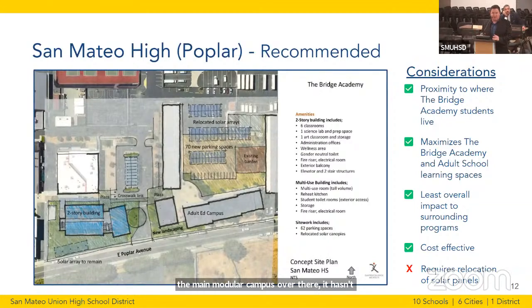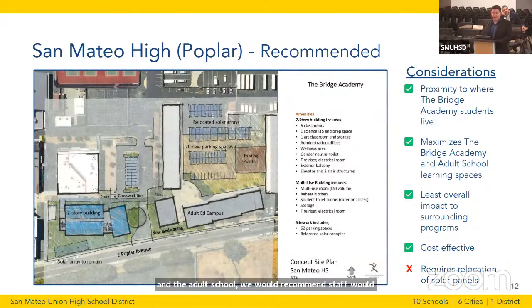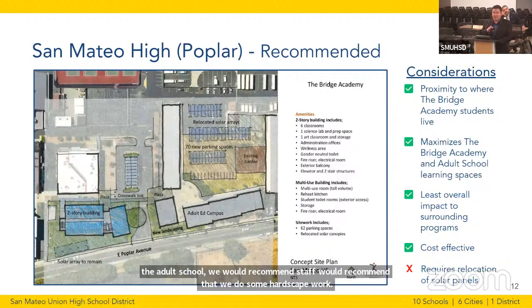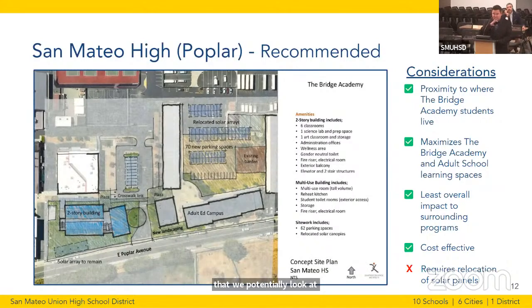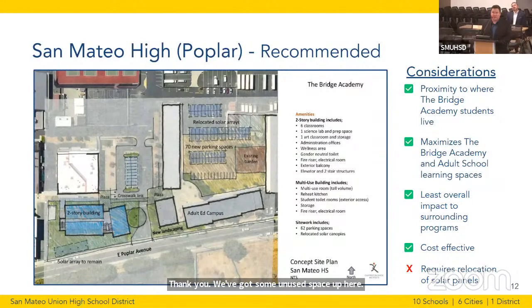And so part of this, to both create that flow as well as to create delineation between the Bridge and the adult school, staff would recommend that we do some hardscape work, that we potentially look at that plaza in front, which you could look at as that smaller box plaza or larger box above. We've got some unused space up here that we could look to make some improvements to the adult school as part of this process.